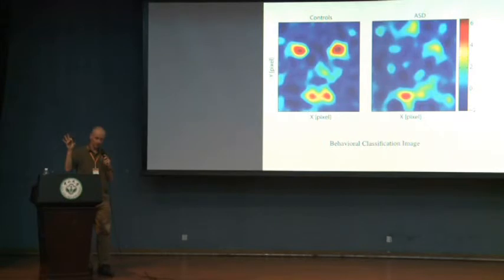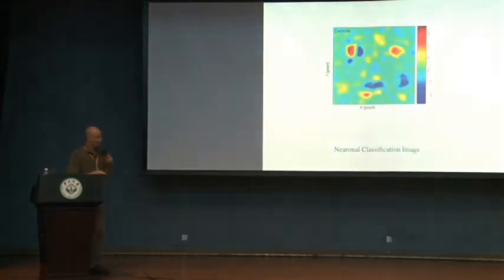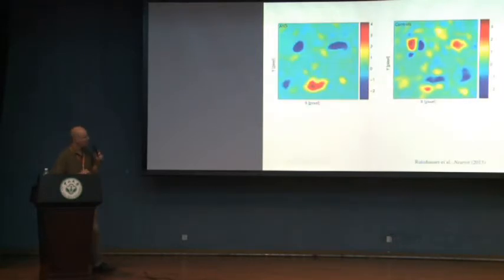That is, we show little bits of faces and ask which part of the face, the eyes, the nose, the mouth, is most powerful in driving neurons in the amygdala. In the controls, we find that neurons in the amygdala are driven powerfully when the eyes are shown, and to some extent the mouth. But in the 2 patients that we recorded from in autism, over here on the left, you see a very different picture.